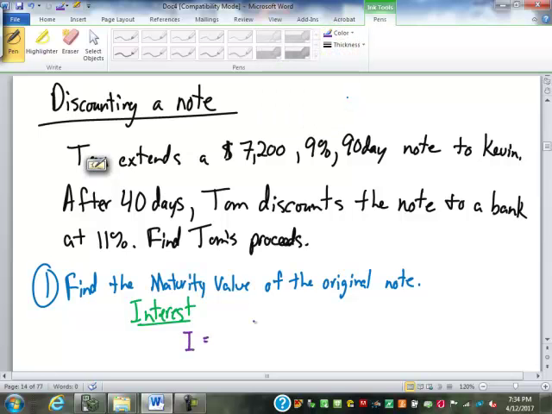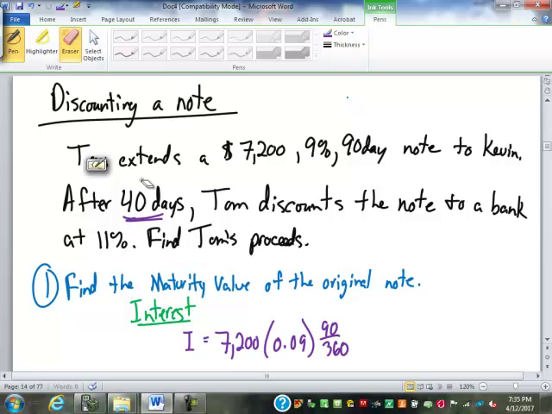So I is going to equal, how do we find the interest? 7,200 times 0.09 is our rate, times 90 over 360. What about the 40 days? No, not yet.